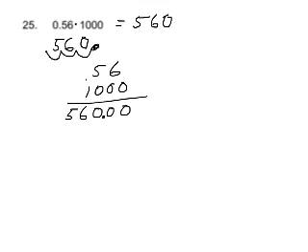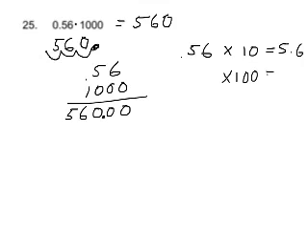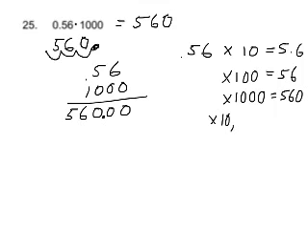Let's just use 0.56, all right? So if we multiplied that times 10, we would get 5.6. You notice we moved the decimal point one place. We multiply it by 100, we move it 2 places, 56, times 1,000, 3 places, 560, by 10,000, we move it 4 places, 5,600.